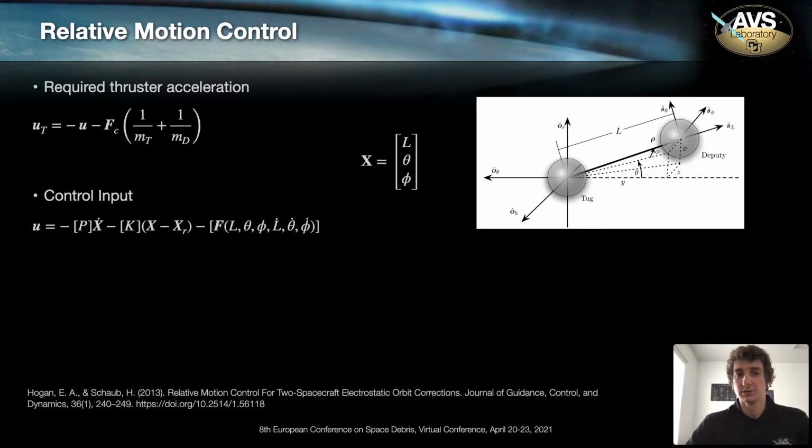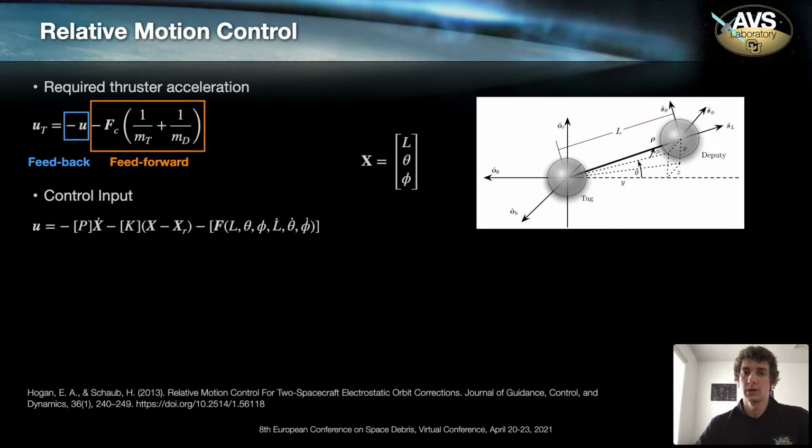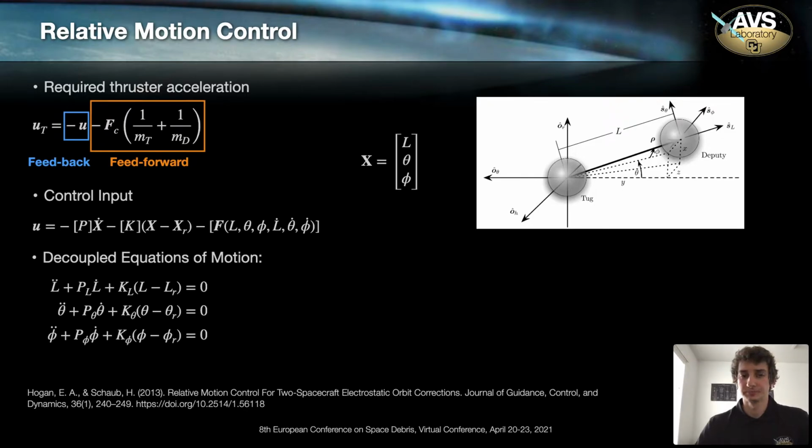It consists of a feedback term that tracks the relative velocity and position, and it also consists of a feed forward term that includes the electrostatic force that acts on the two spacecraft. If we choose diagonal gain matrices K and P, we can decouple the equations of motion, and this makes it possible to analyze the behavior of the closed loop response.